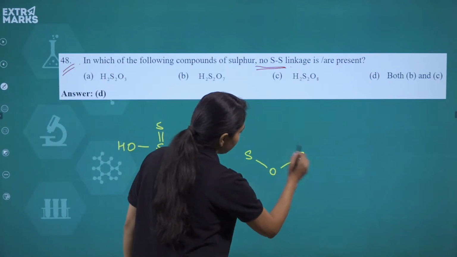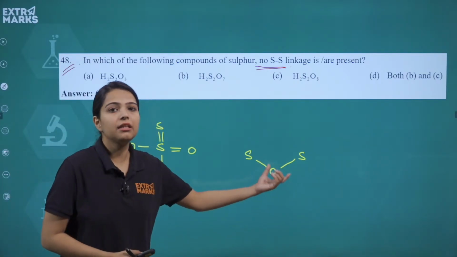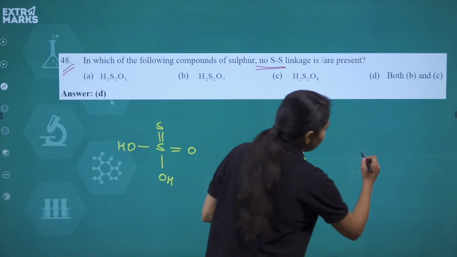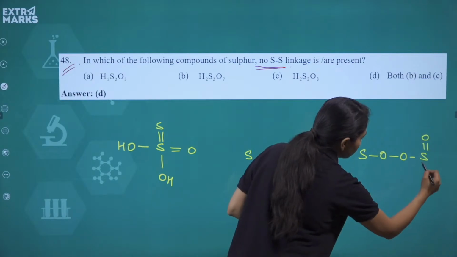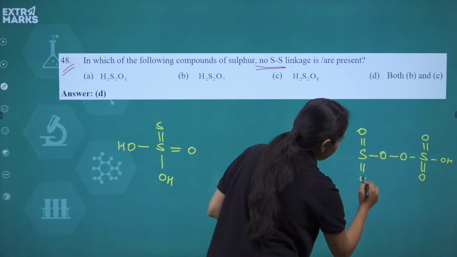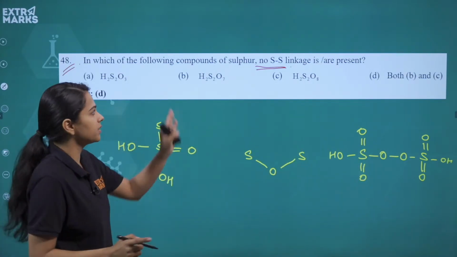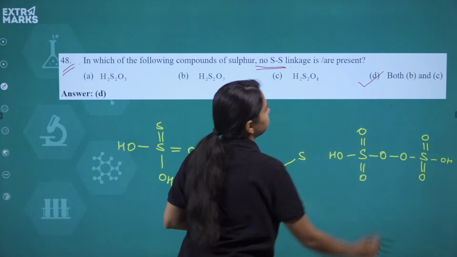We are having this linkage. These are the oxygen is the one which is going to connect the two sulfurs in H2S2O7. Similarly, in H2S2O8, I am having peroxy linkage between them. So this is your H2S2O8 here. So this is also not having the S-S linkage. So S-S linkage is absent in B and C option. So answer is option D.